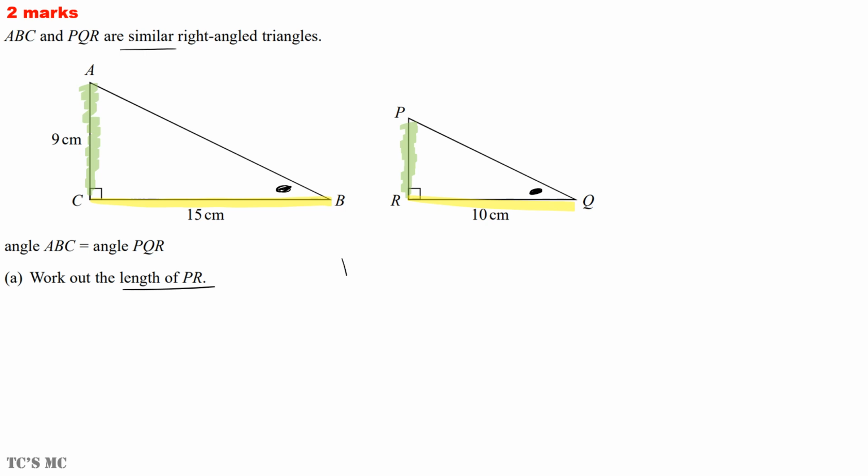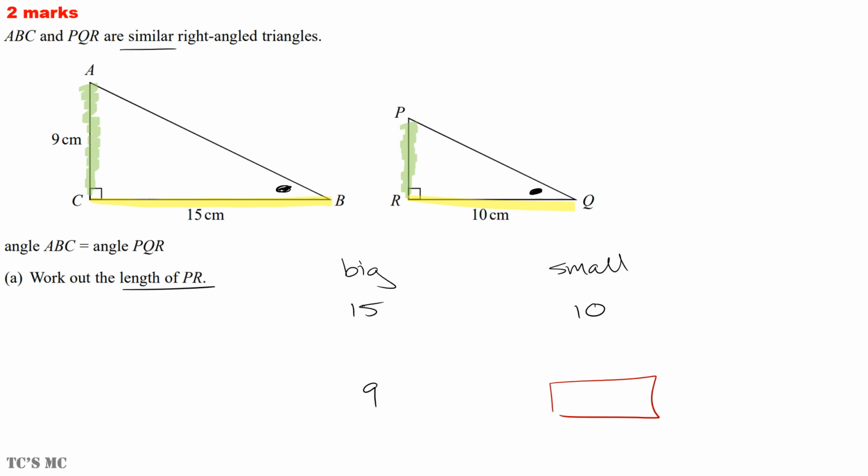Now I'm going to have headings of big and small. The ones that we know are the 15 and the 10. And then we know for the big triangle, the green length is 9. And then we don't know what PR is, that's what we're working out. We need to find a number that goes from 15 to 9.